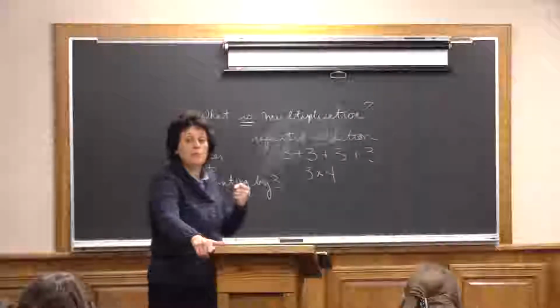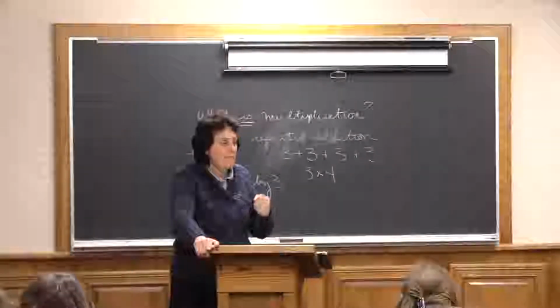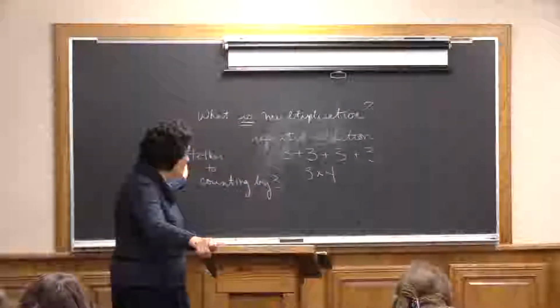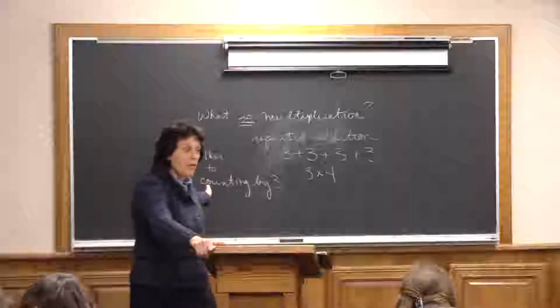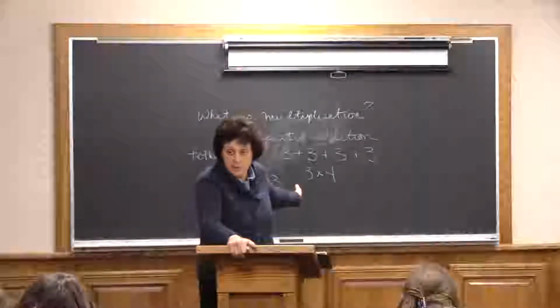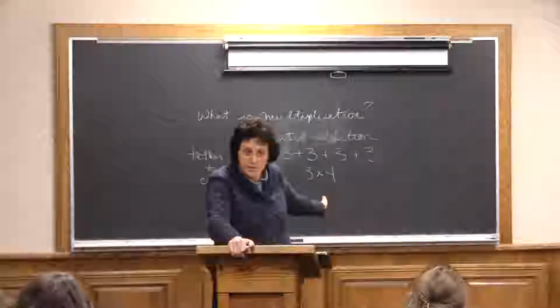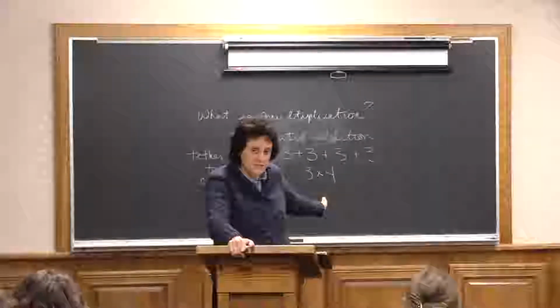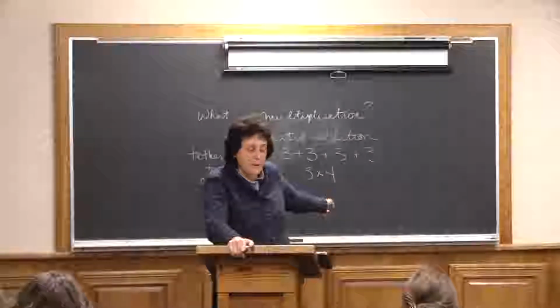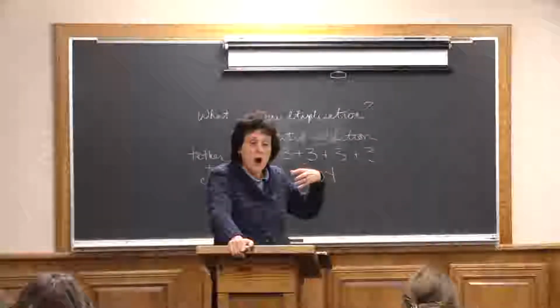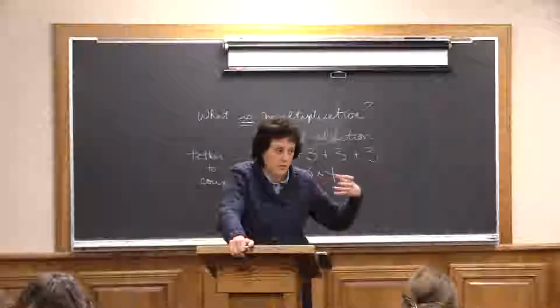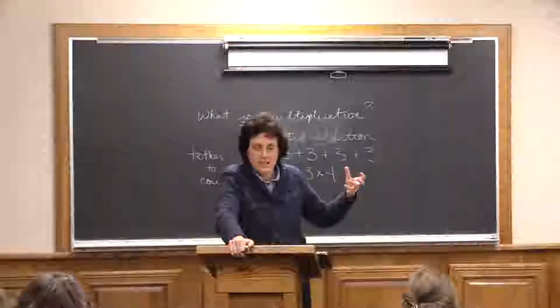So, I want to keep repeating it and repeating it, and I want to tether it to counting. We'll do counting by twos, and in second grade they learn the twos first, but I'm going to avoid it just so I don't make a mistake. But we've already been counting, first of all, counting by ones.